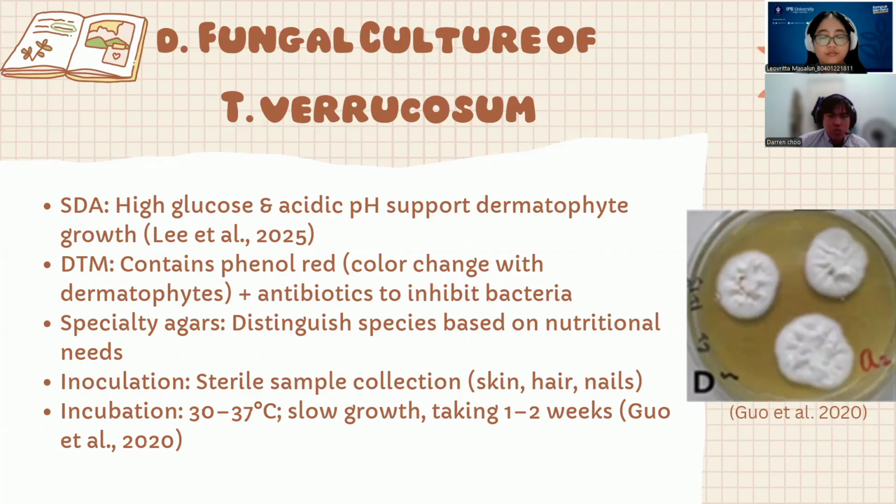Alternatively, we can also use DTM or dermatophyte test medium, which includes phenol red, a pH indicator that changes color from yellow to red in the presence of dermatophytes. This is due to the byproducts of dermatophytes being more alkaline. It also contains antibiotics to prevent bacterial contamination. And depending on the suspected species, specialized Trichophyton agars can also be used for more specific nutritional profiling.